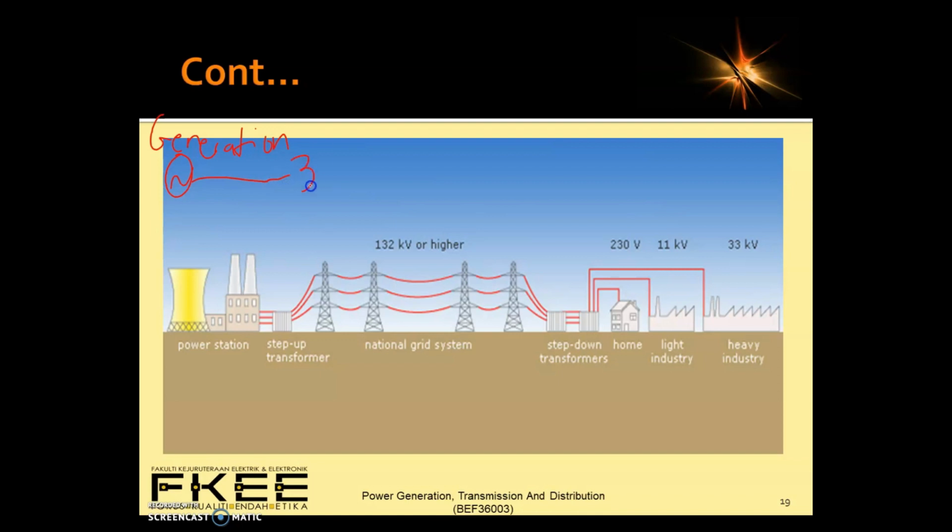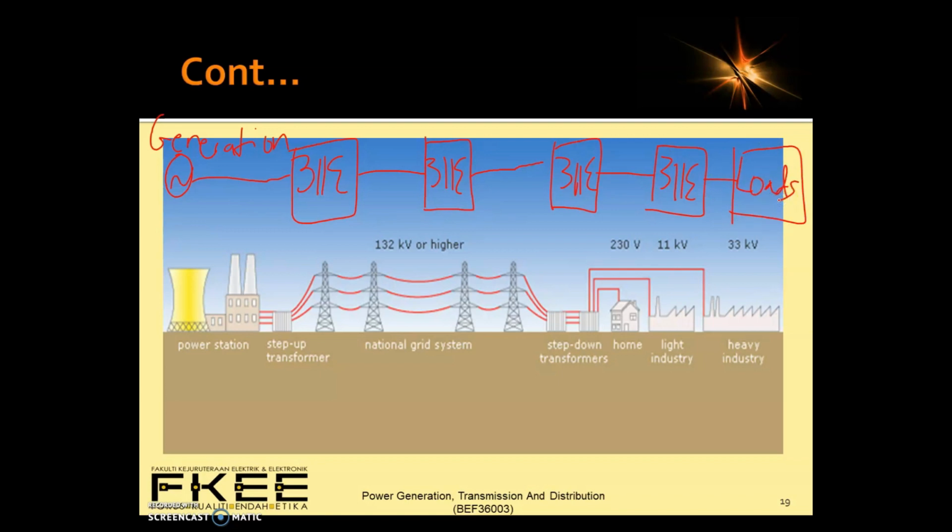Then we go for the step up transformer. And then next, and then we have one more. Then we have here one more transformer, and then go to the loads.